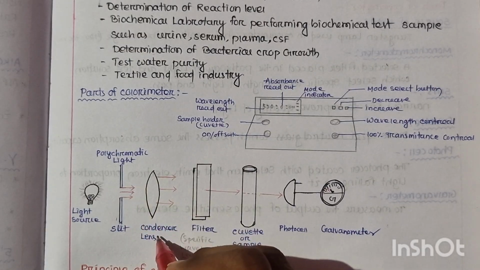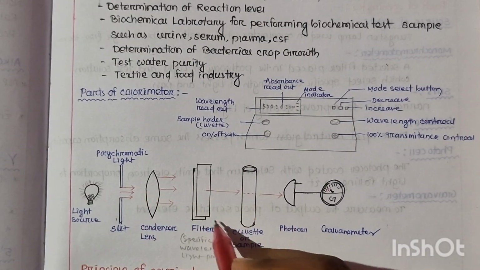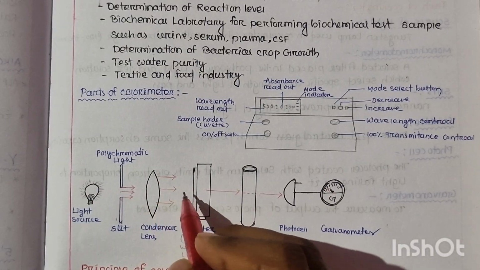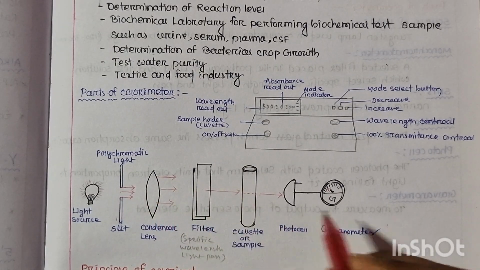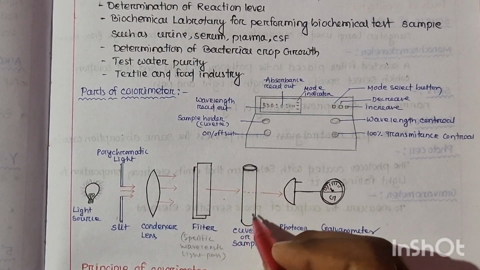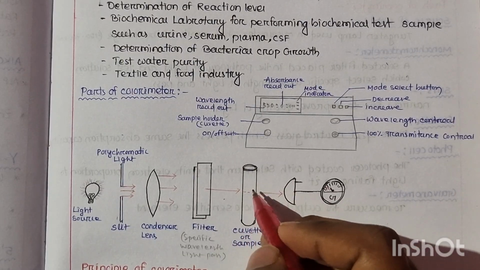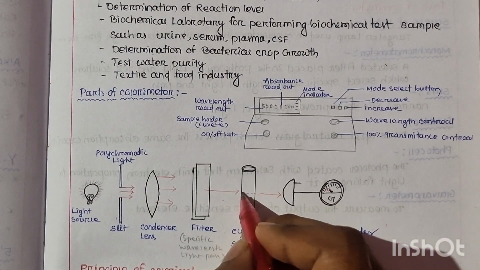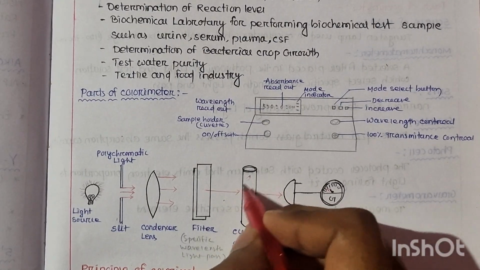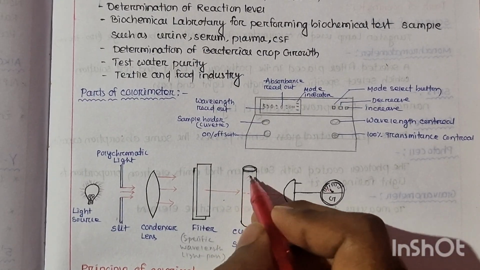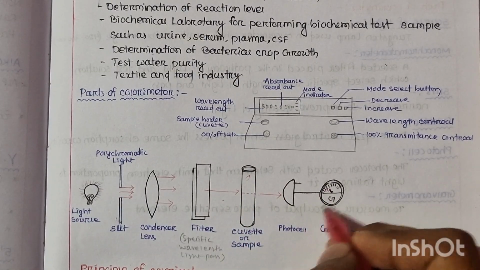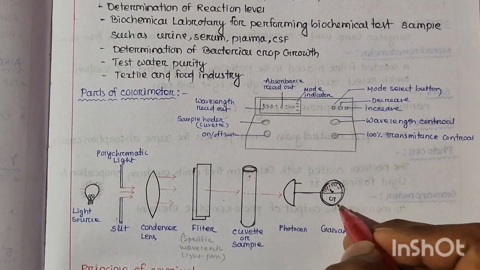Then by the condenser lens it passes through a filter. Then it passes through a sample holder in which we place the sample, through which the light passes. According to the density, the light is absorbed and some passes outward to the photometer, and the reading is taken by the galvanometer.